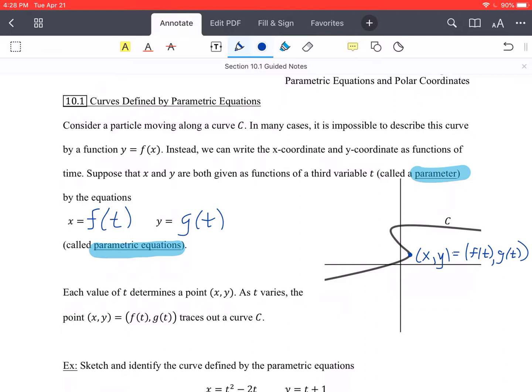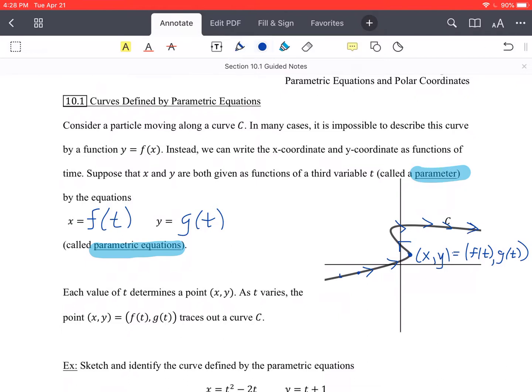But as t changes, these points are going to trace out this curve. You'll get a point here, you'll get a point here, and this is just going to keep moving until it has traced out an entire curve.